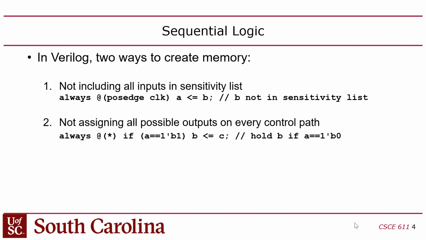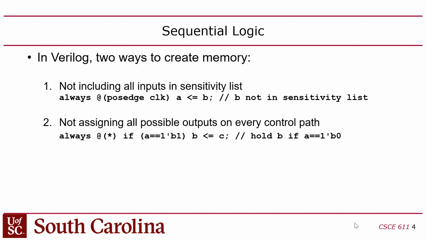To summarize that, you can either have a sensitivity list that doesn't include the inputs, or you can have a control flow inside the always that doesn't assign every possible output every time the always is activated. In this case, that first option ends up creating a flip-flop, because it activates on the edge of the clock and synchronizes to the clock.